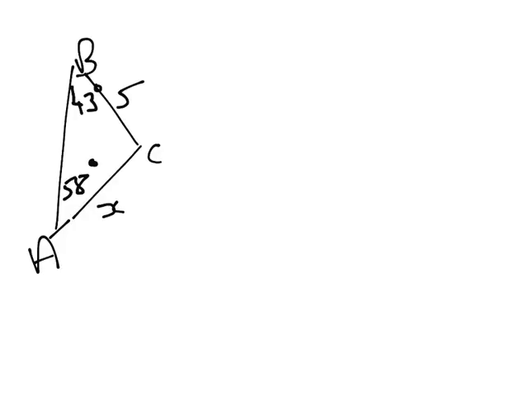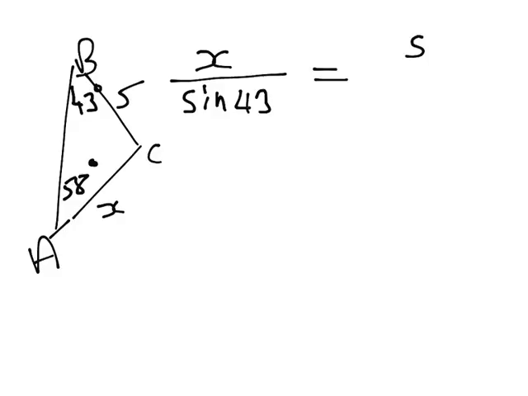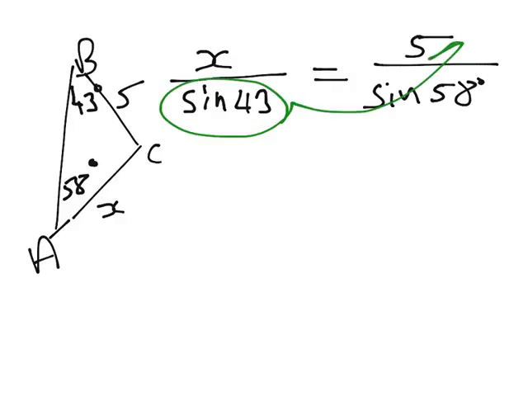We know that x divided by the sine of the angle opposite, which is sine of 43, must equal 5 over the sine of 58. Okay. Now, with a little bit of algebraic rearranging, you can think of it as taking this and swinging it up here.